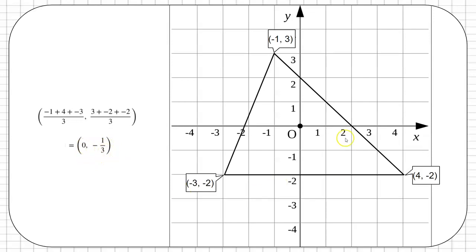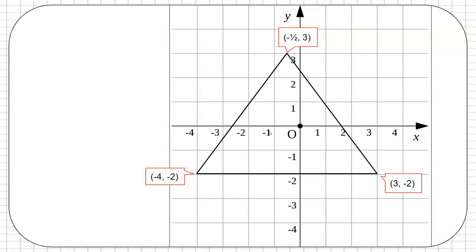So we have our centroid at 0, negative 1/3. When we draw our medians in, we can see that they all intersect at 0, negative 1/3, which would be our centroid.